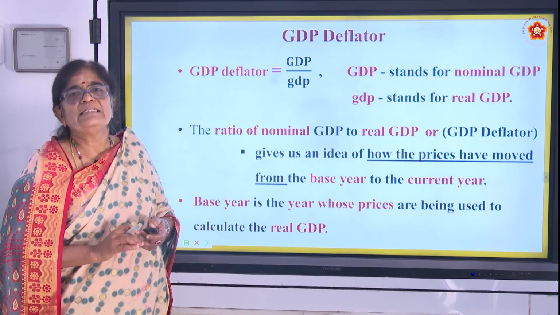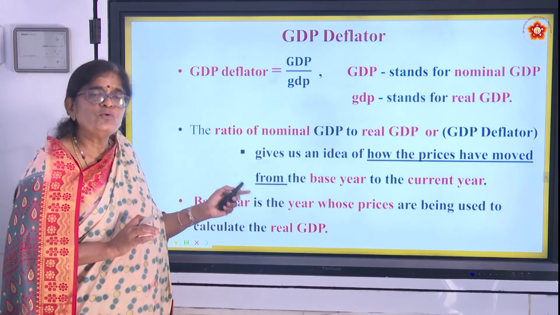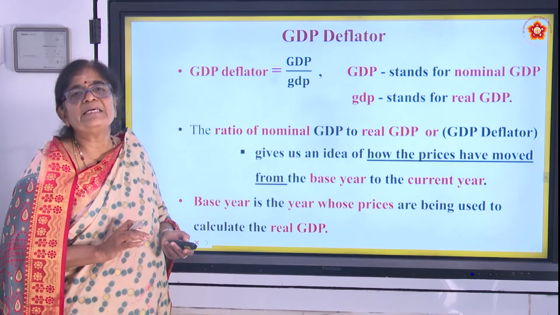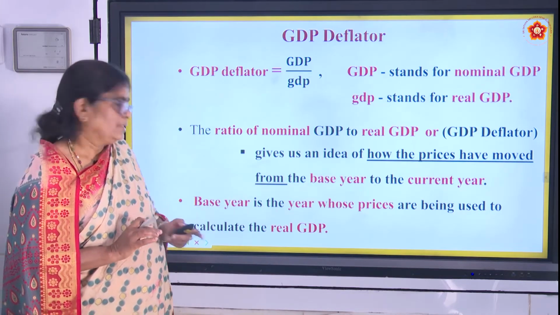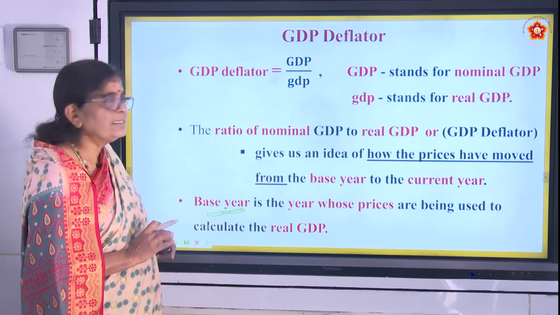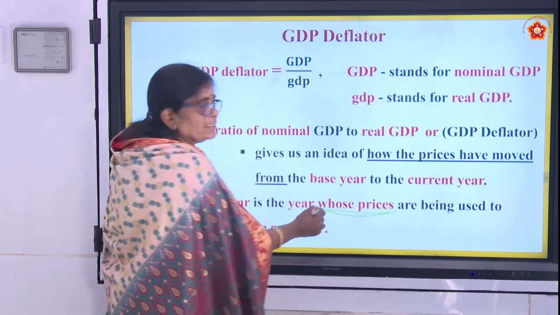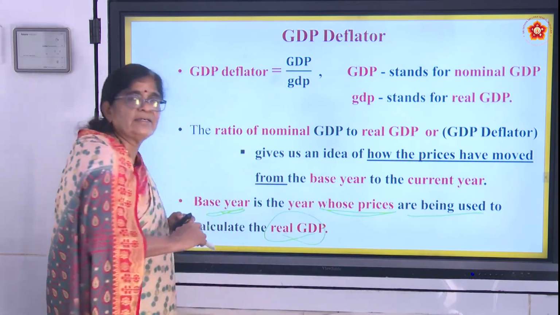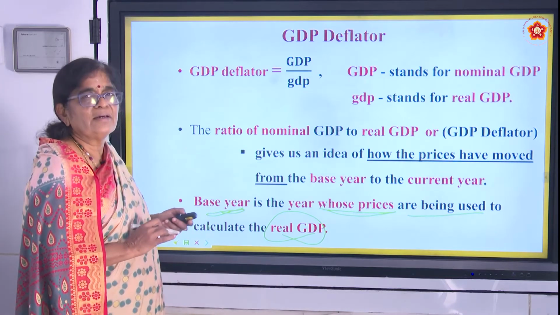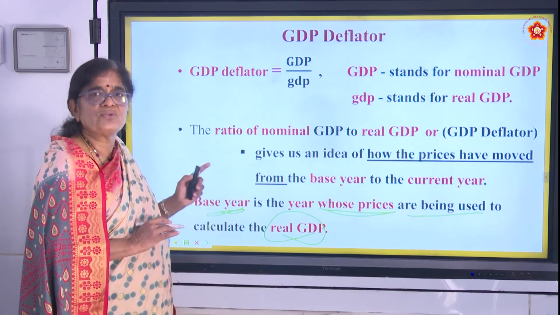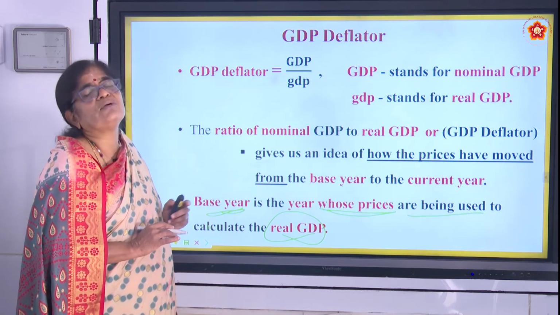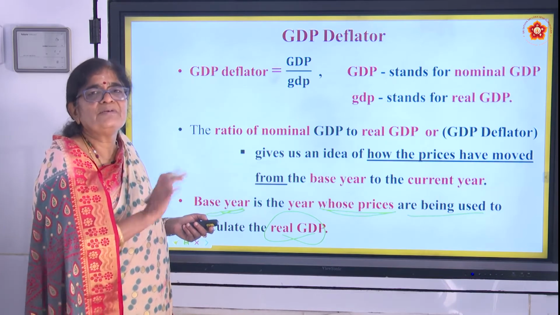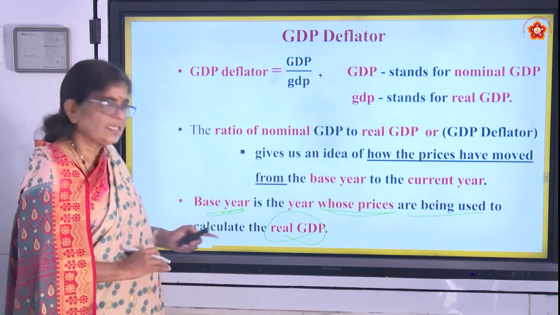The base year is the year whose prices are used for the calculation of real GDP, where we consider that the prices didn't change, and only the volume of product changes between the years. That is called the base year.